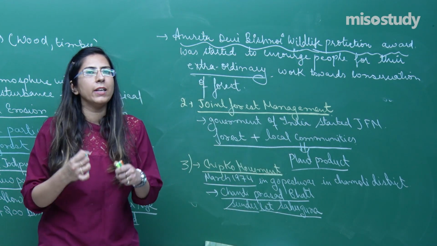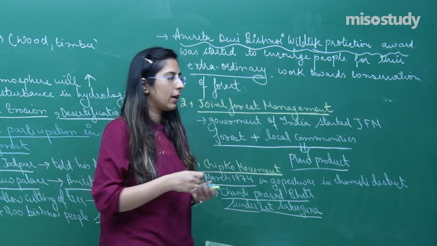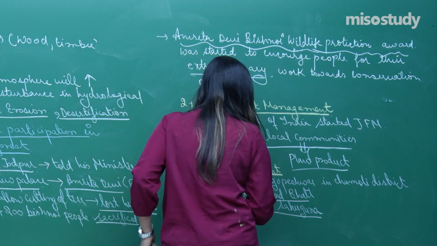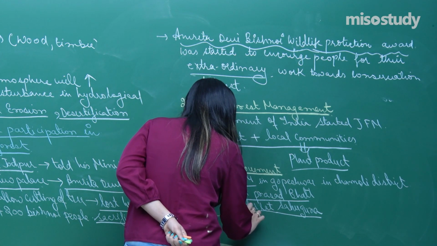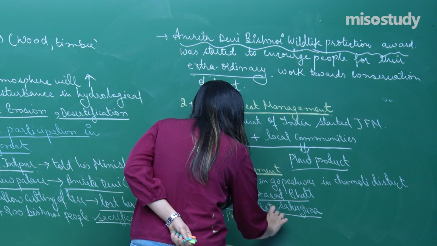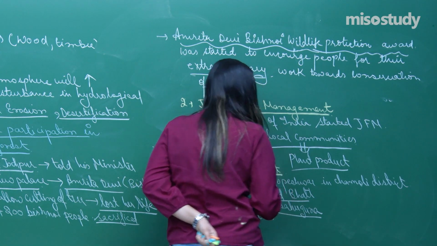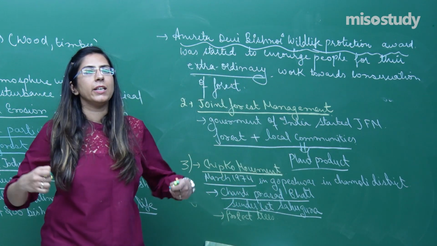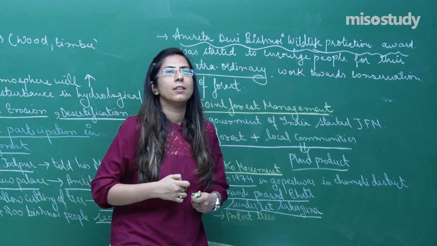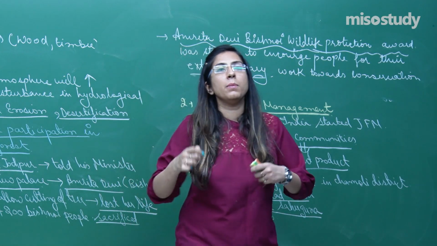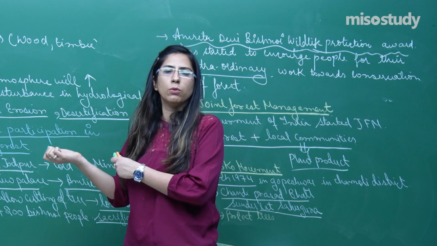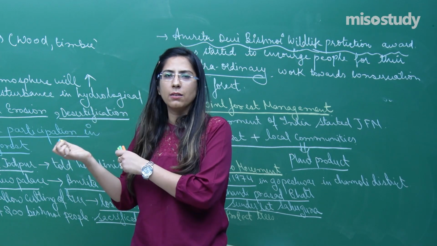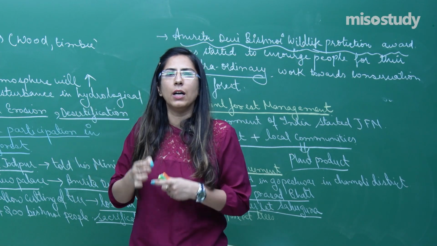They said that we can protect the wildlife by hugging them. So what they did was protect trees. The local people who were there did the same. They started hugging the trees together so that those people who were coming to cut the trees were not allowed to do so.